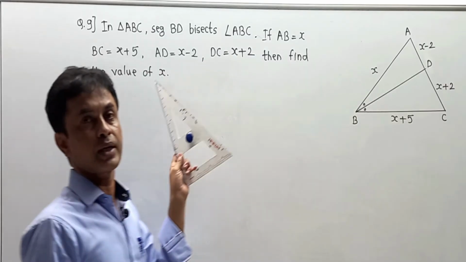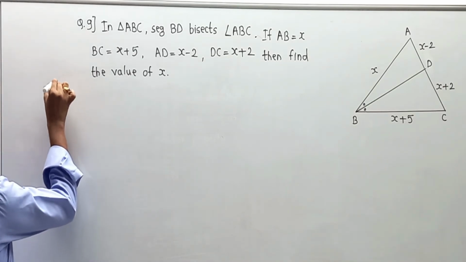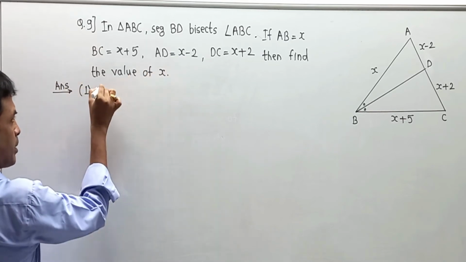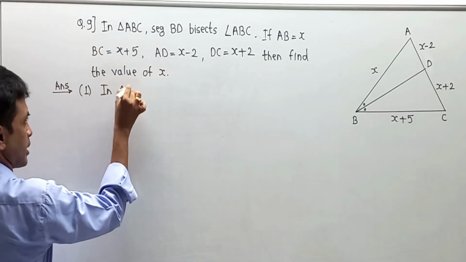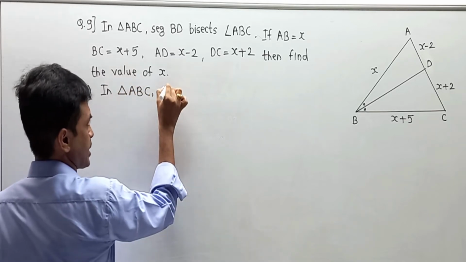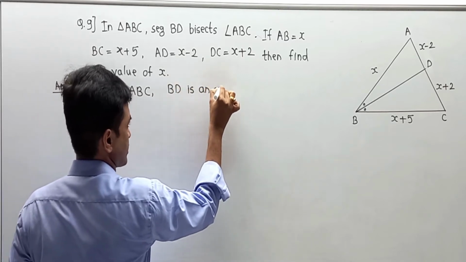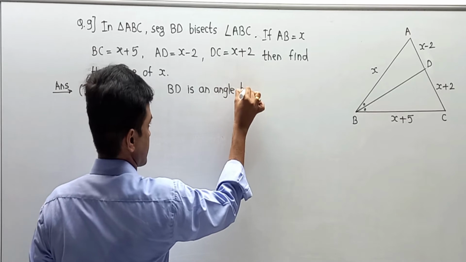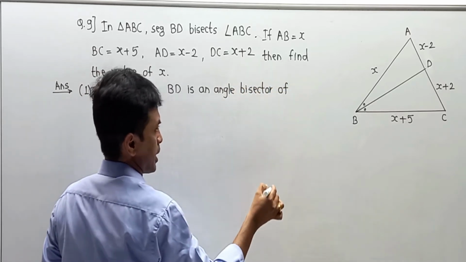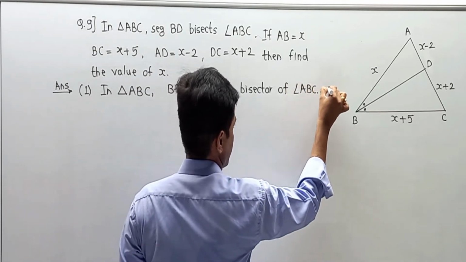Now transferring this part into the calculation part. Answer: in triangle ABC, BD is an angle bisector of angle ABC, given.